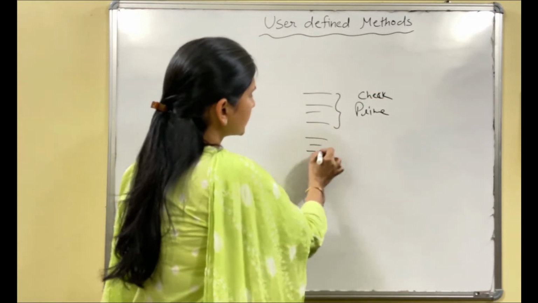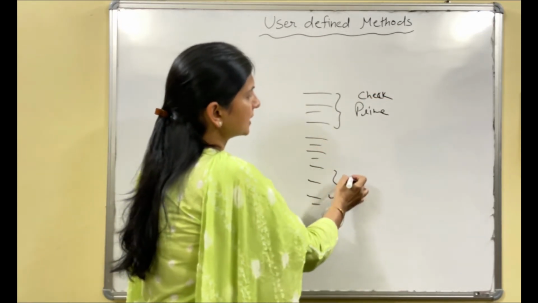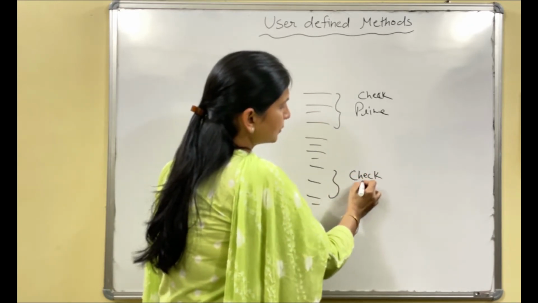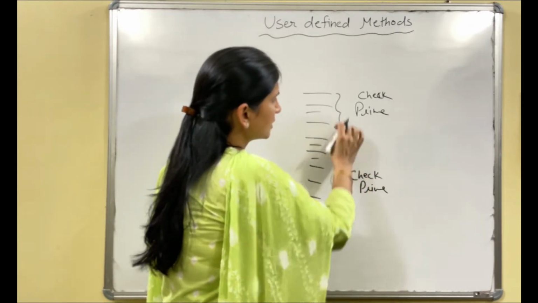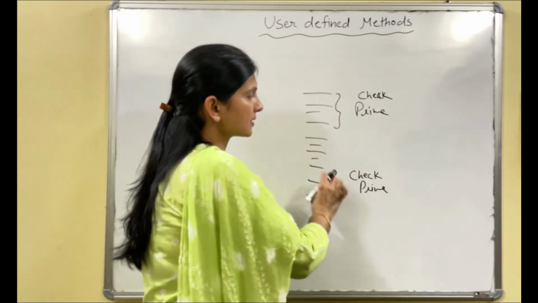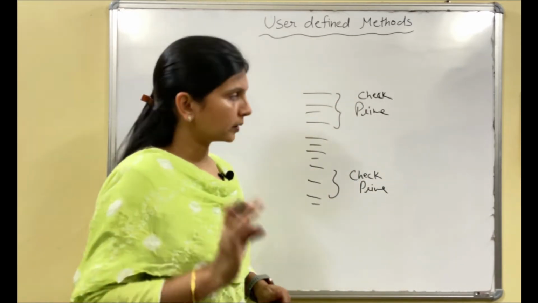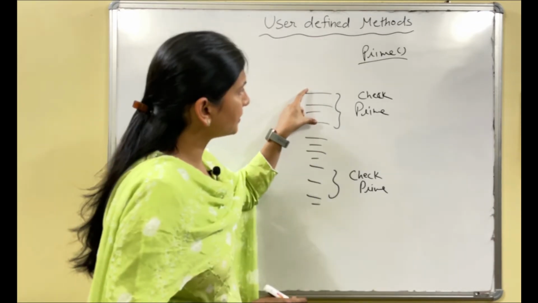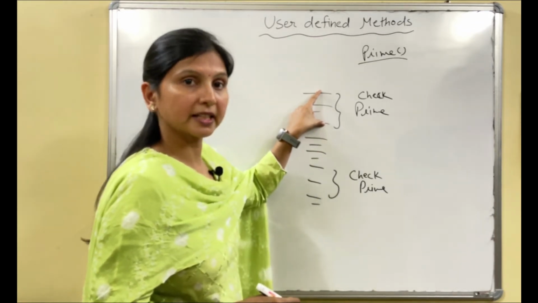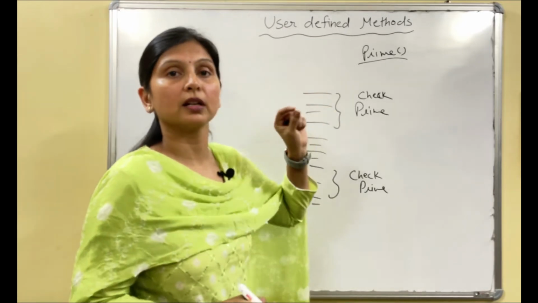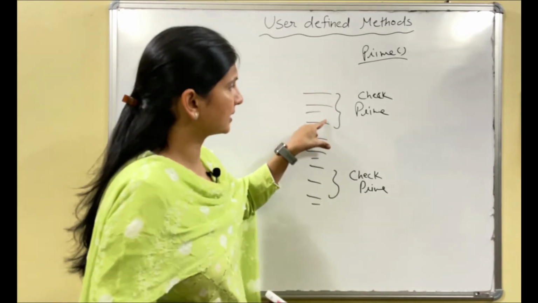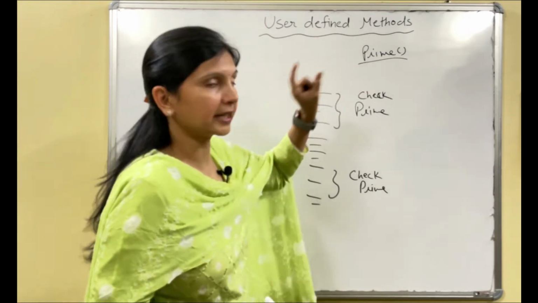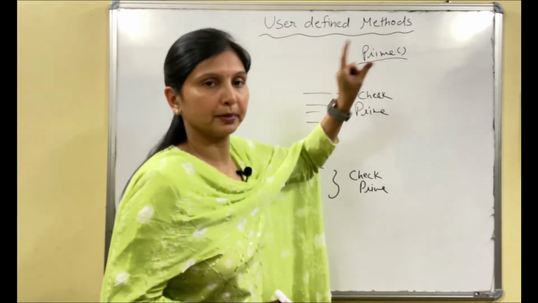And after a few statements, again you are checking whether another number b is prime or not. So the same set of statements we have repeated. Instead of repeating these statements, what can we do? We can make a group of similar statements which are used to perform a certain task, in this case to check a prime number, give it a name, prime, and keep it at one place.